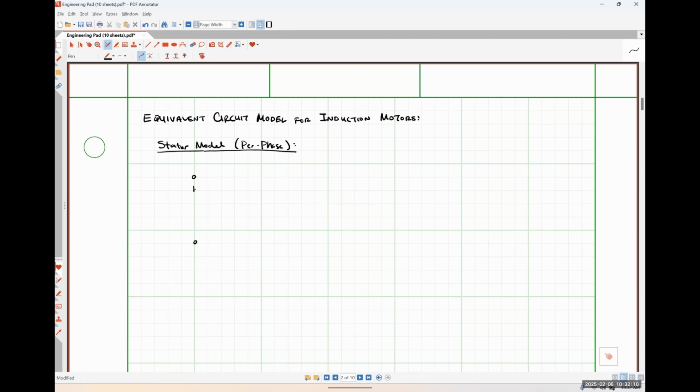This is where I'm applying a voltage to the stator windings. My windings themselves will have some resistance, which I'm going to call just R1. They are also going to have some reactance, jX1, like so.